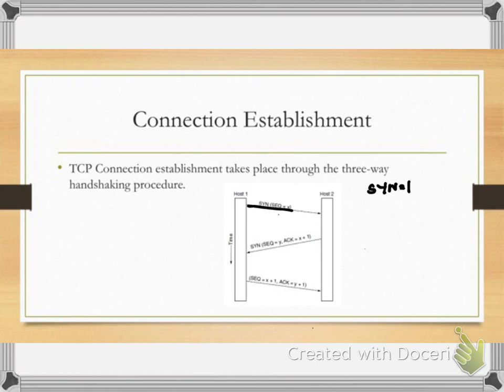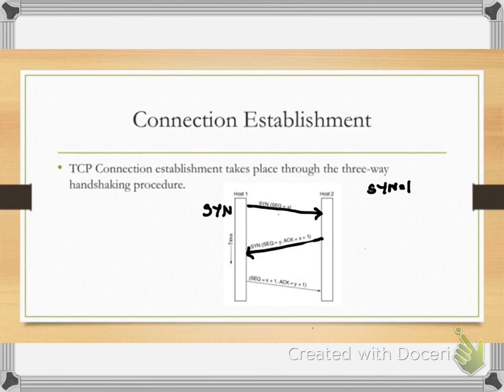This segment is sent to host 2, and when host 2 receives this segment, it sends an acknowledgement, and also it sends its own SYN. So first a SYN message was sent by host 1.